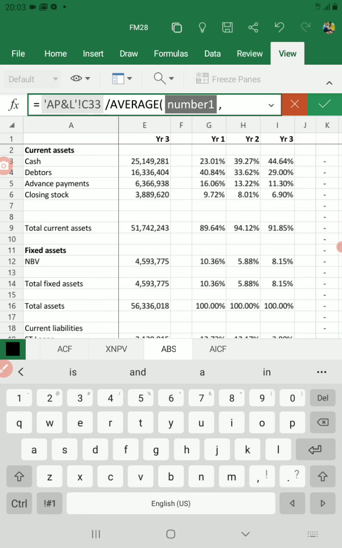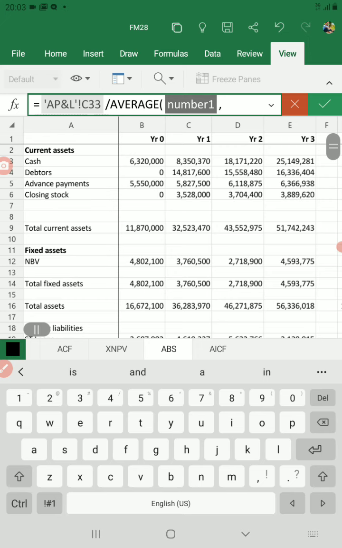Okay, so that is assets. We are dealing with total assets. Year one, average total assets, because in year zero here we still have a figure for total assets, so we can take the figure for the beginning of year one for the purpose of computing the average.